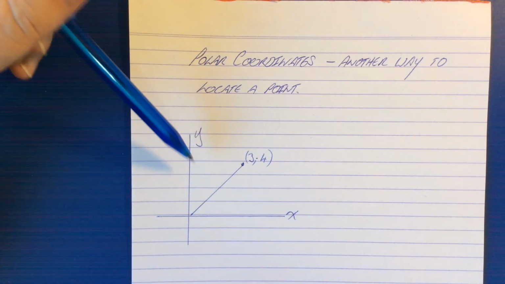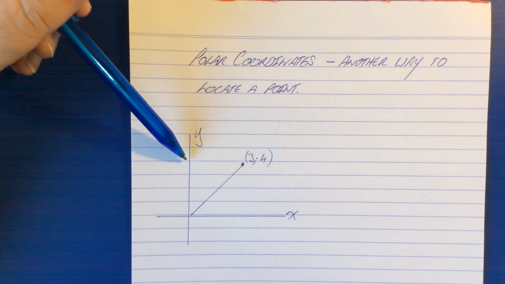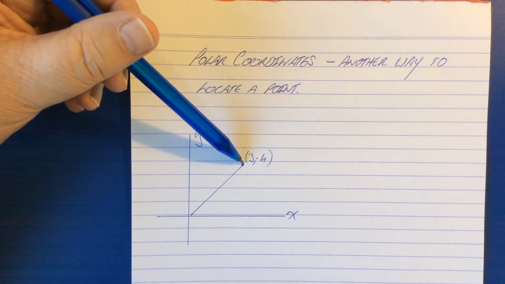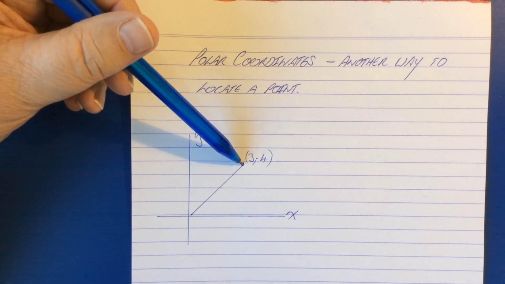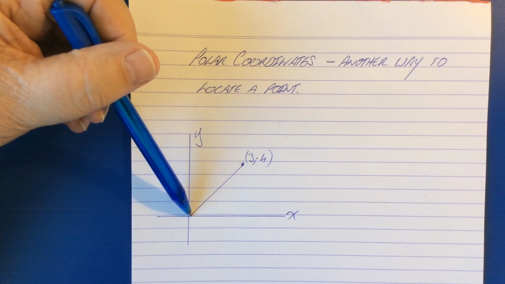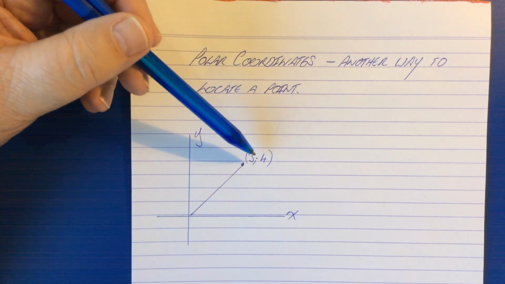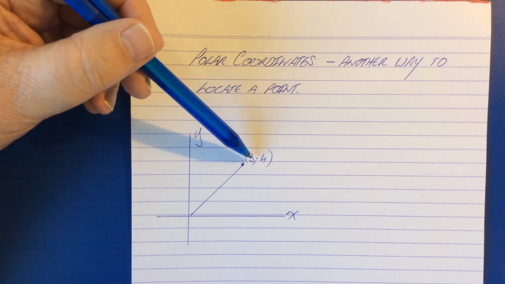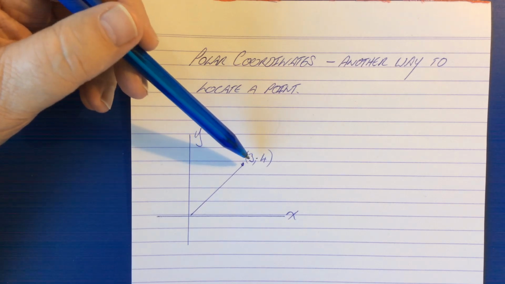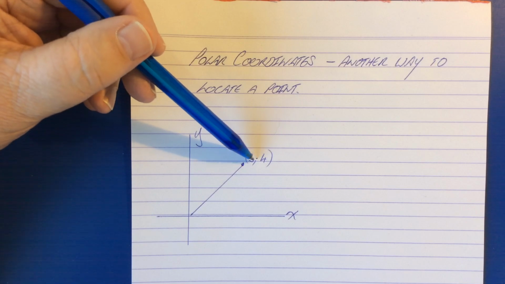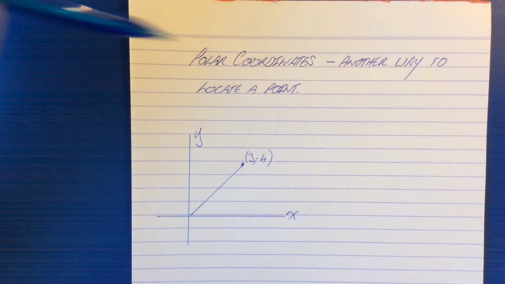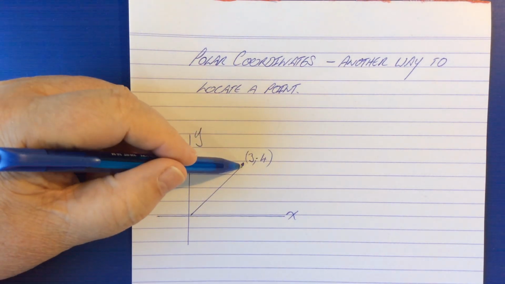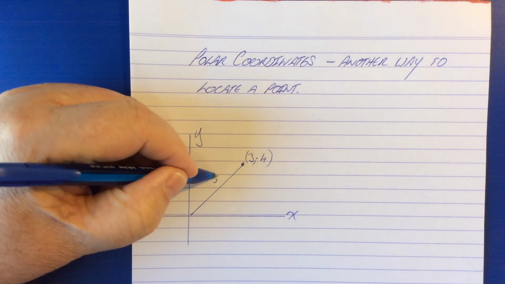We've got an x axis and a y axis, and we have a point here, 3, 4. And what I've gone to the bother of doing is running a line from here to the origin. Now, it should be readily apparent to you that if this point is 3, 4, so 3 along the x-axis and 4 up the y-axis, that this length here will be 5.